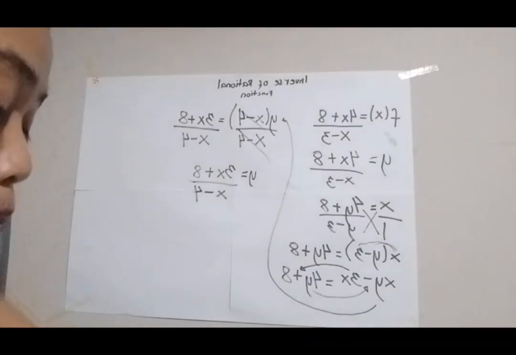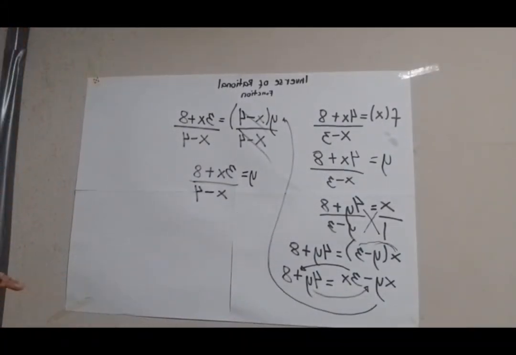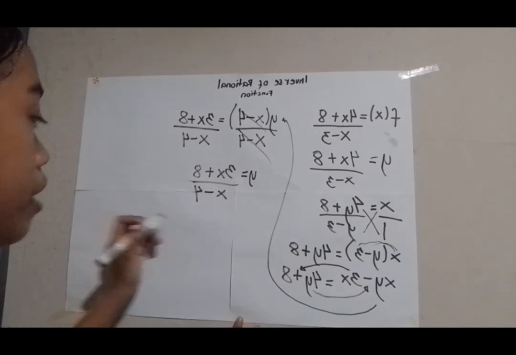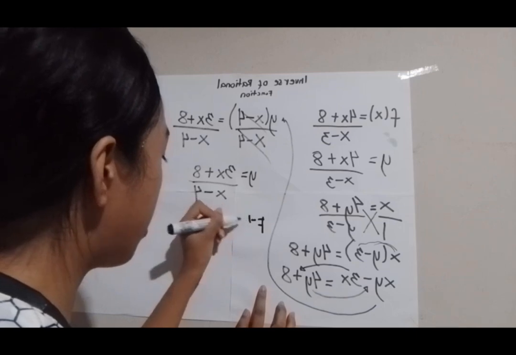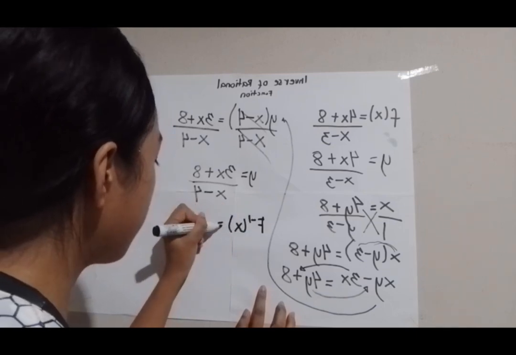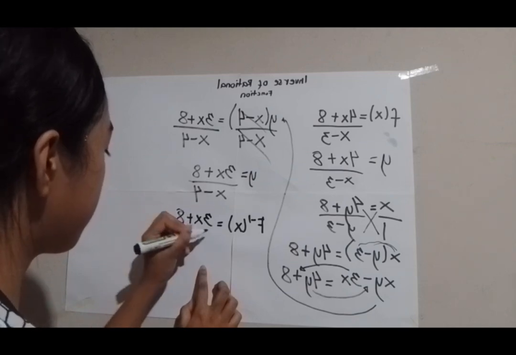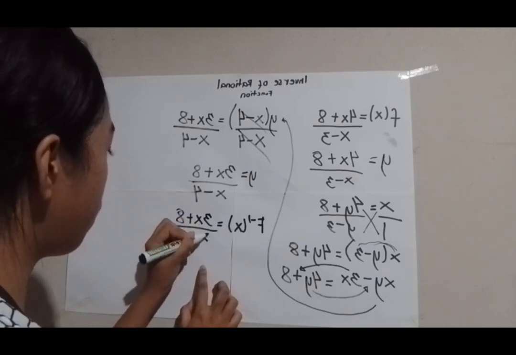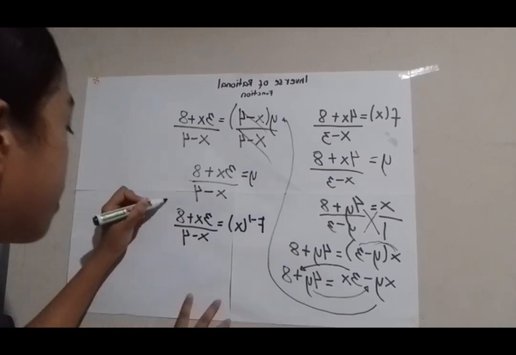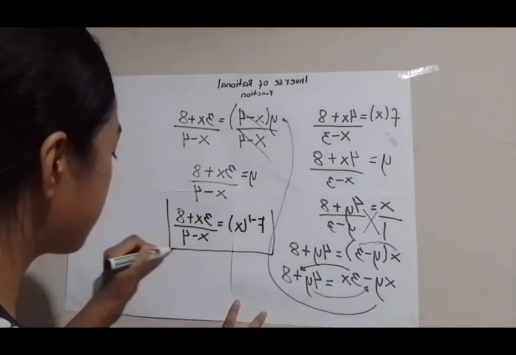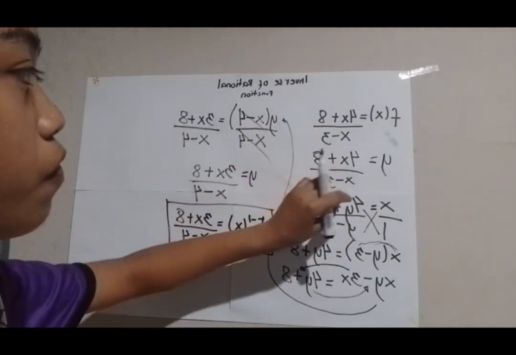For the last step, change y to f raised to negative 1 of x. So the y will be changed to f raised to negative 1 of x equals (3x plus 8) all over (x minus 4). So this is the inverse of (4x plus 8) all over (x minus 3).